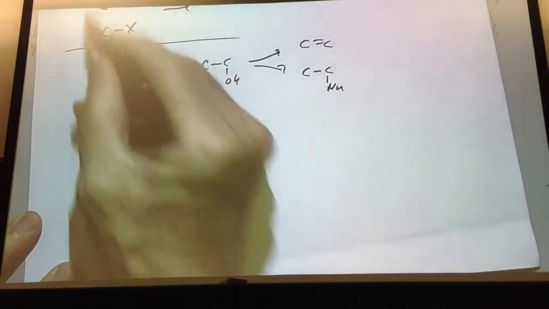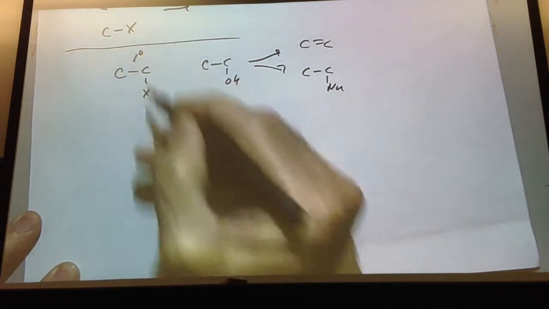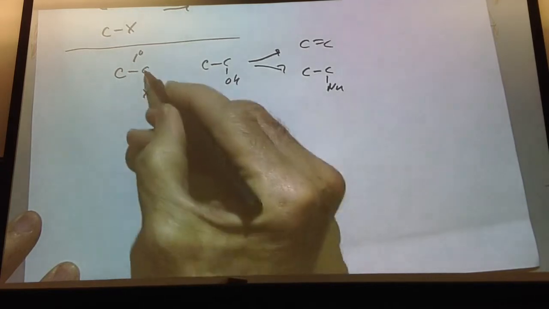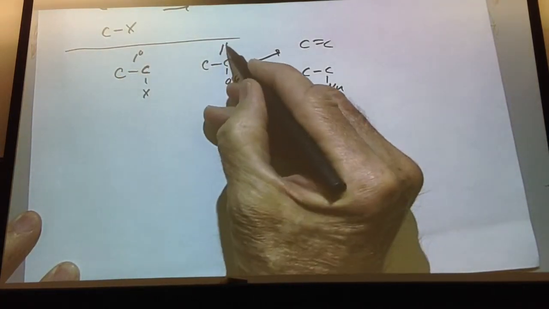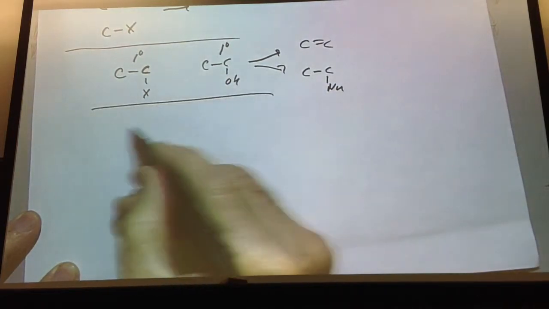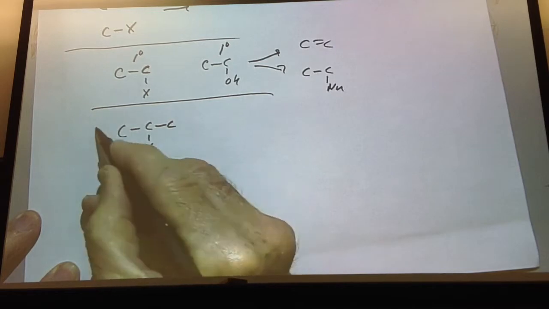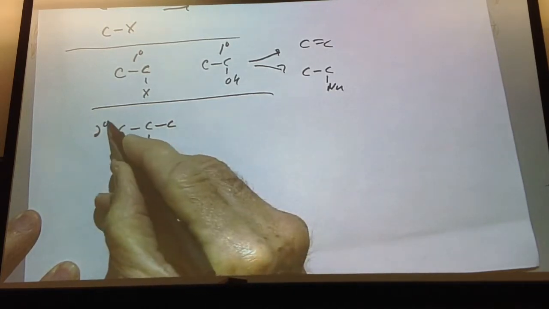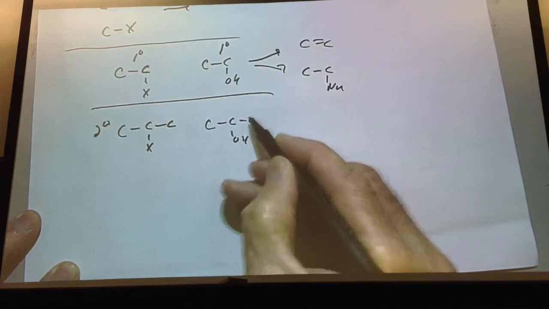We're talking about elimination. So you have this, a first degree alkyl halide, right? The carbon has a halogen and has one carbon attached to it. This is the first degree alcohol. A second degree alkyl halide will look like this. A second degree alcohol will be this.